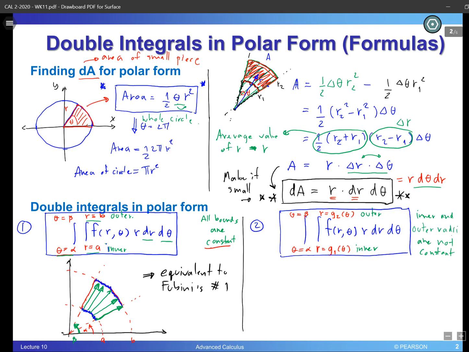Okay, these are not constant. So how is it going to look? Let's take a look at this graph. Once again, we have this y-axis and x-axis. Let's start with the easier ones. The angles are still constant, alpha and beta.